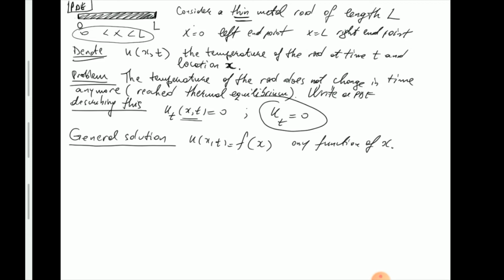If I just tell you that a partial derivative with respect to one variable is 0, all we know is that u of x,t should be constant with respect to t, but not with respect to x. There's no reason to assume that the function is constant with respect to x, so that means it can be really any function of x.